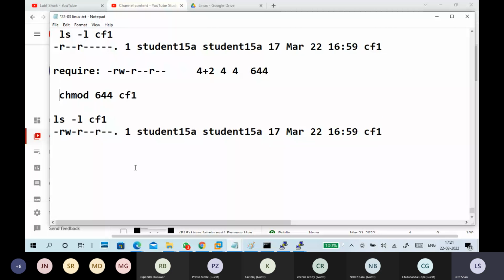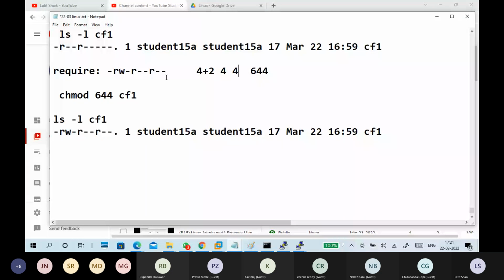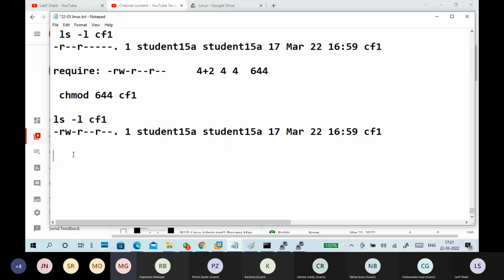Okay, guys, understand this one or not? Got it, sir. Now, this is my current permission. I want to change like this. It means RW, RW, and no permission for others.